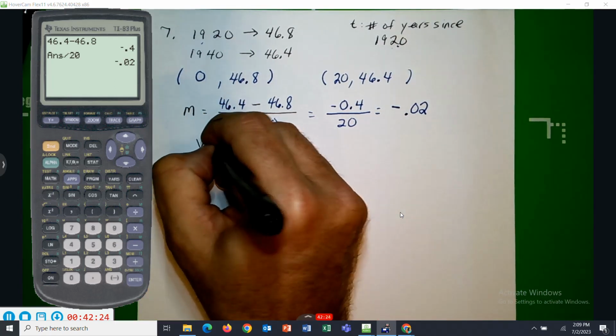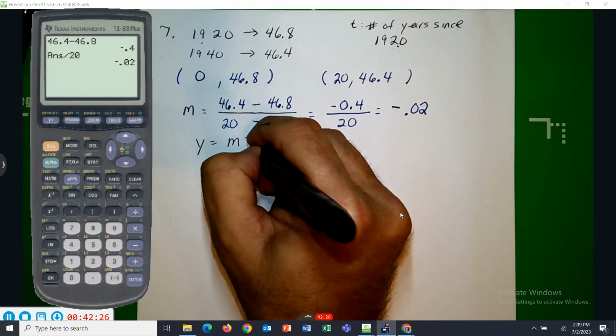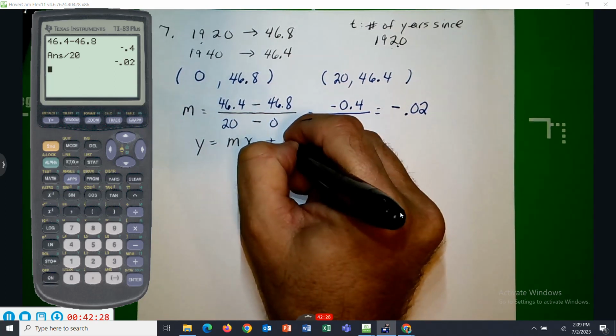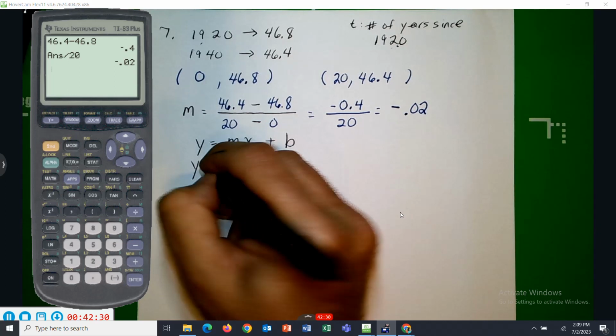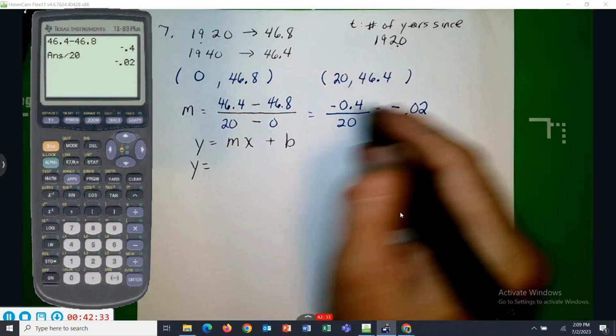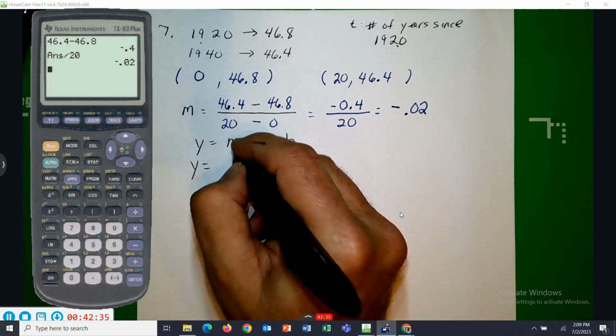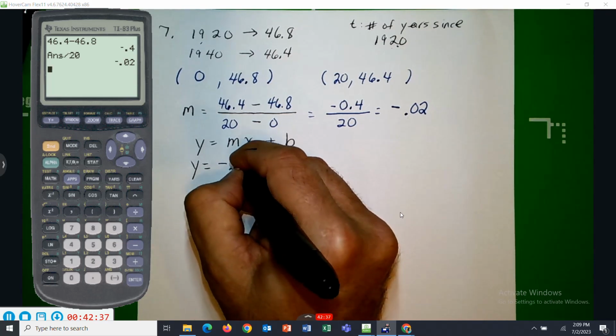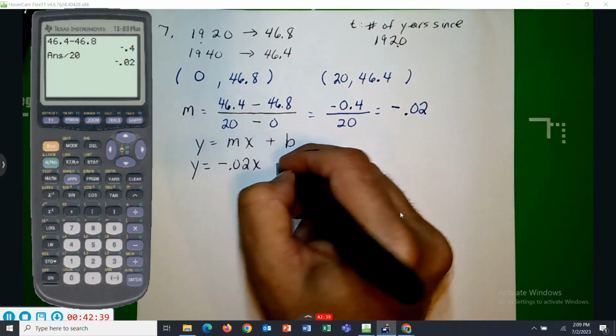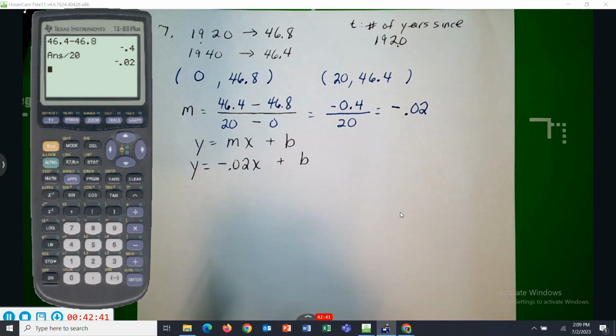We now need to know b. So we plug a negative 0.02 in for m. Oh, I just spotted a mistake.